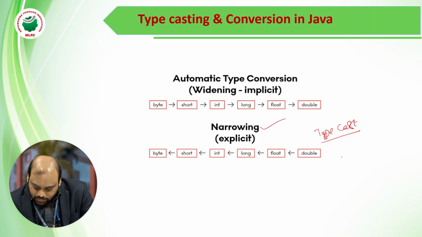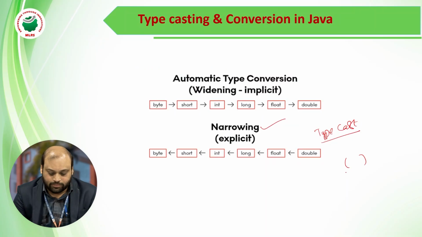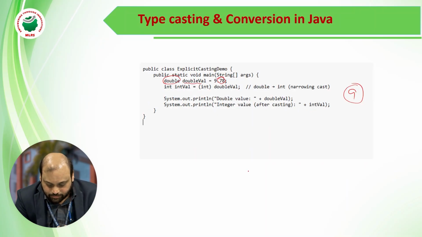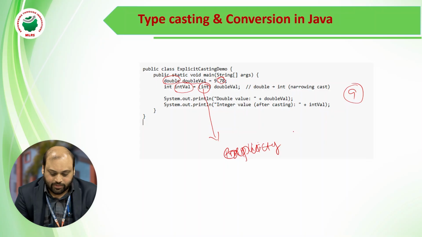The conversion operator, the typecast operator, is what we use. Here is the example: this double value is converted into integer, and for that purpose we use this operator. This is explicit type conversion.